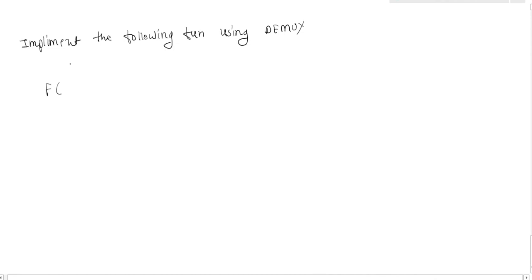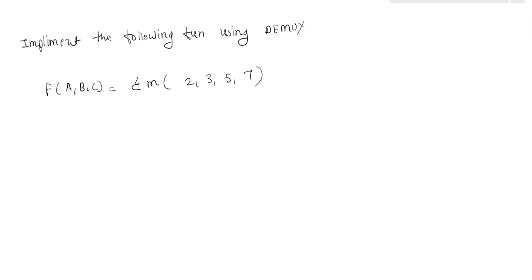Let's say f of ABC is equal to summation of m, suppose 2, 3, 5 and 7. Now the Boolean function has 3 variables A, B, C, which are acting as the select lines into the demultiplexer, and the min terms are given as 2, 3, 5 and 7.